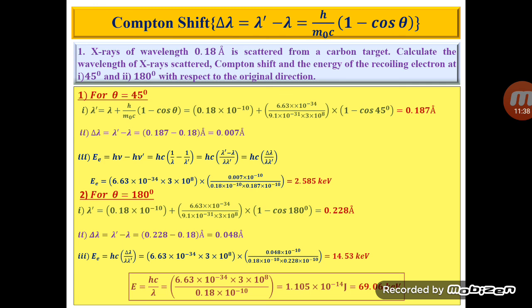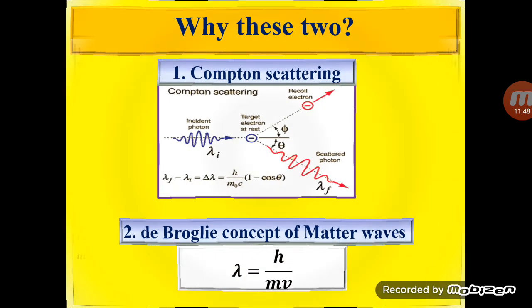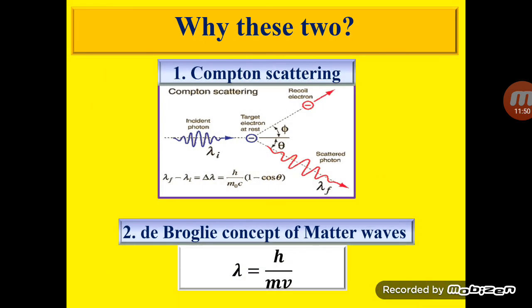See students, how one can understand the entire mechanism of Compton scattering just by solving a problem. You may be wondering why I have chosen these two concepts, that is, Compton scattering and the de Broglie concept of matter waves.